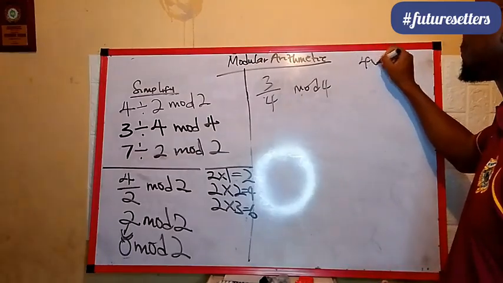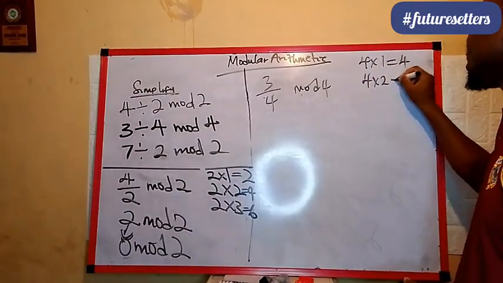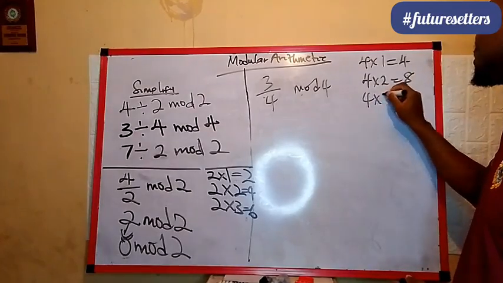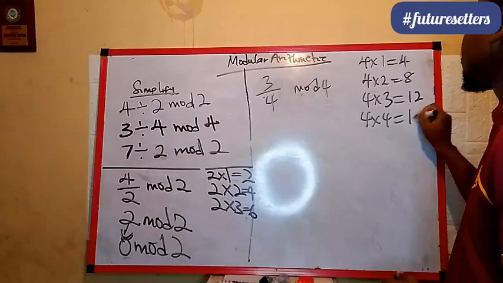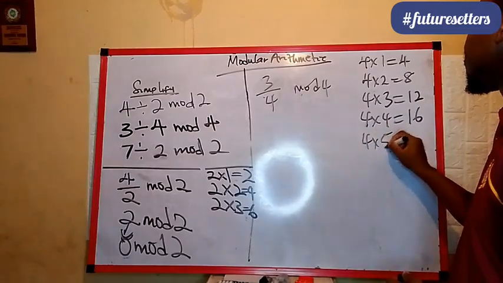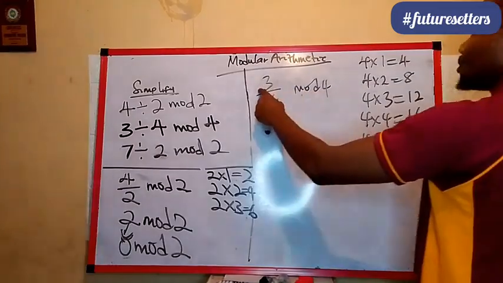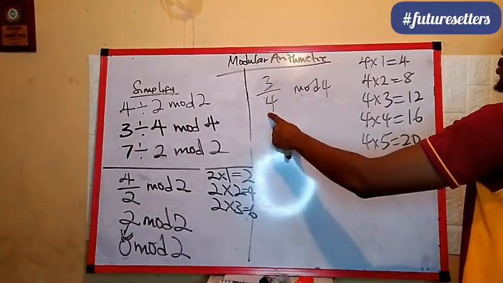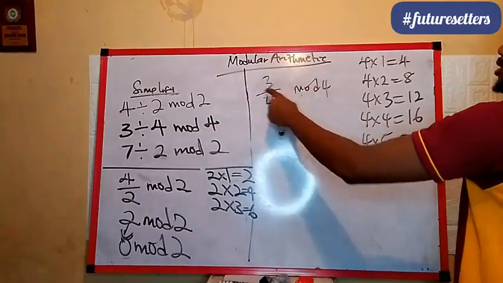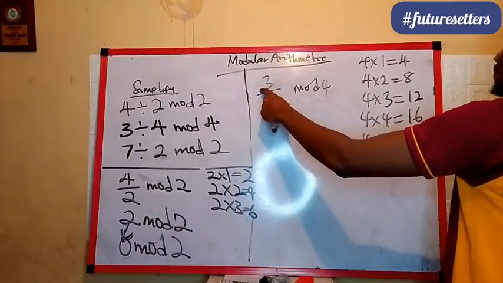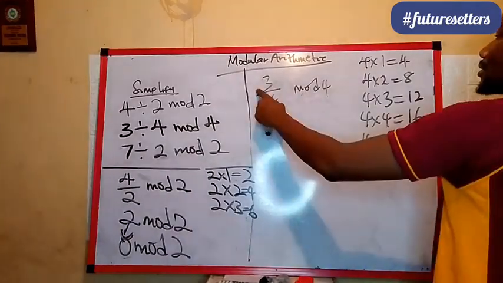So we check 4 times 1, which is 4, 4 times 2, 8, 4 times 3 is 12, 4 times 4 is 16, 4 times 5 is 20. Add 3 to these: will it be divisible by 4? 4 plus 3 is 7, 8 plus 3 is 11, 12 plus 3 is 15, 16 plus 3 is 19, 20 plus 3 is not working.